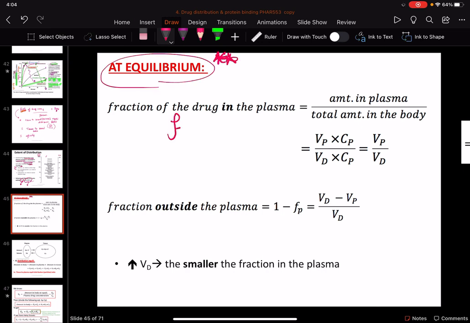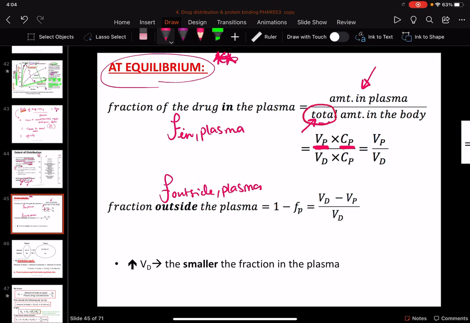we can determine the fraction of the drug in the plasma and the fraction of the drug outside the plasma by knowing, if we are taking that in terms of volume of distribution, the amount of the drug in the plasma over the total amount in the body. The amount in the plasma could be determined by the volume of the plasma multiplied by the concentration of the drug in the plasma.